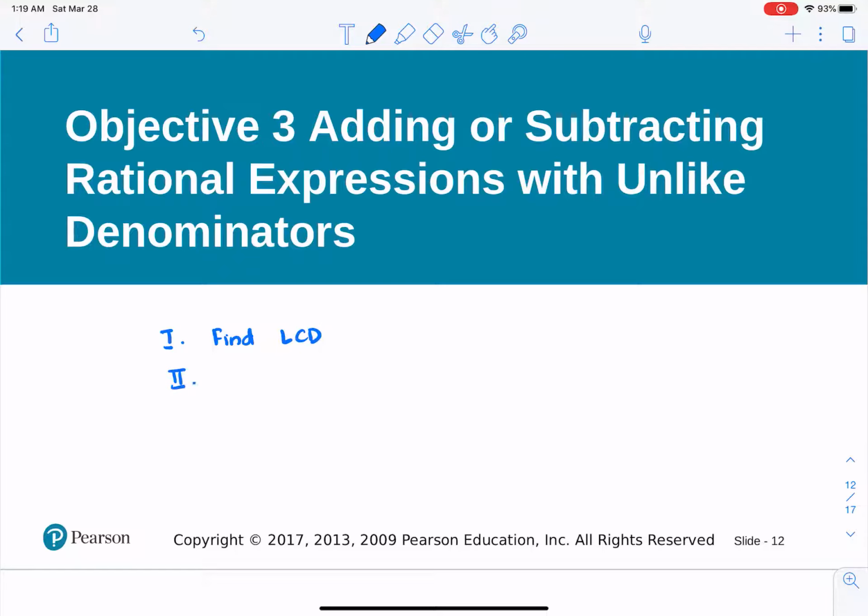Second step, rewrite denominators to appear as the LCD.